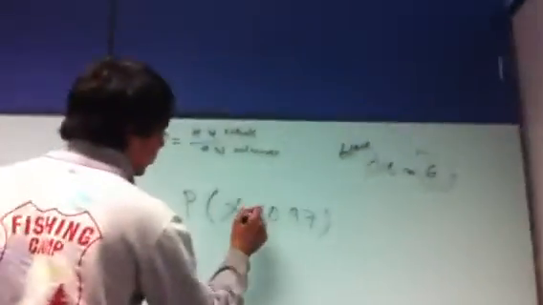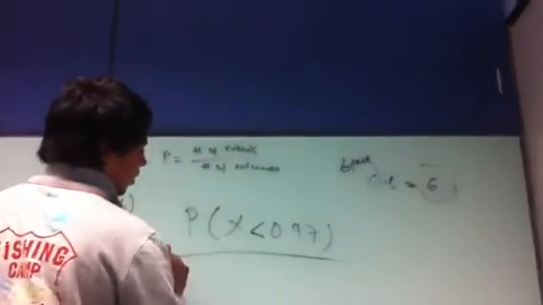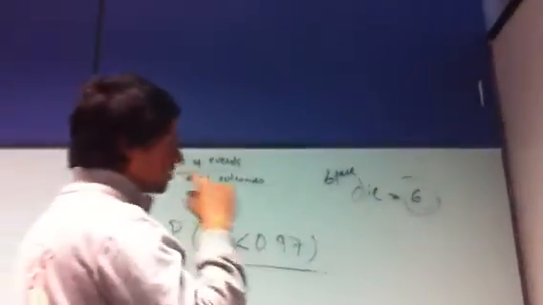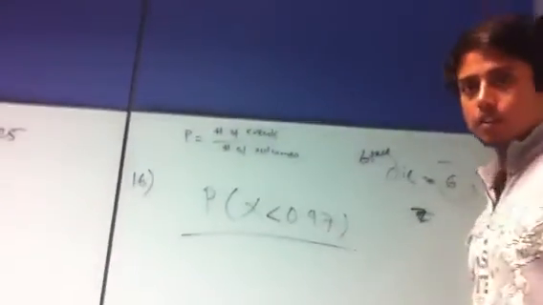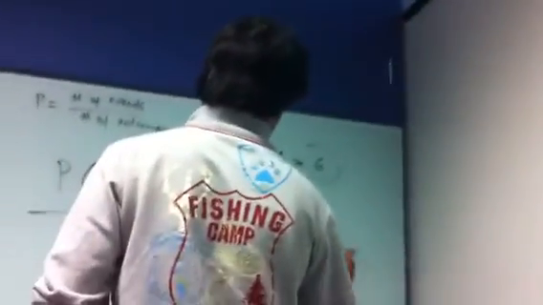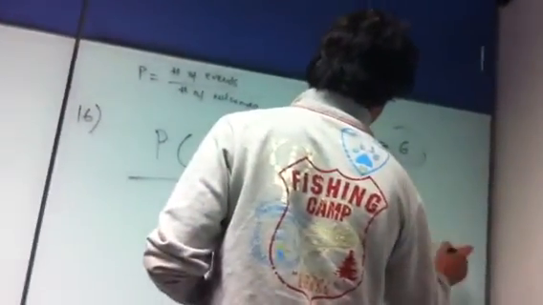It says this is a normal distribution. So if I go to the z-score, I'm going to find it. My z is 0.97. All right, hold on. Let me go to the table. I'm going to use a bell curve.